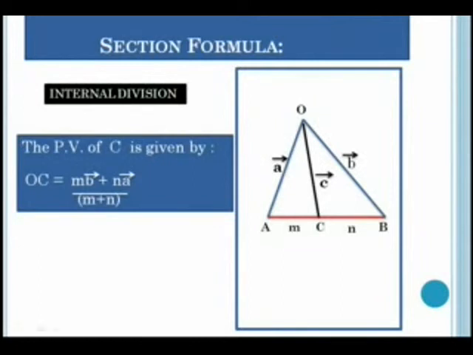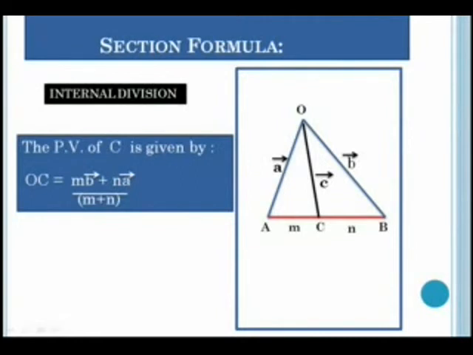Now if we want to find out the position vector of this point C, where the position vectors of the points A and B are given as A and B, then the position vector of C would be equal to OC, which is equal to m times B plus n times A divided by m plus n. Now you may see that this is similar to the formula which we studied in coordinate geometry.